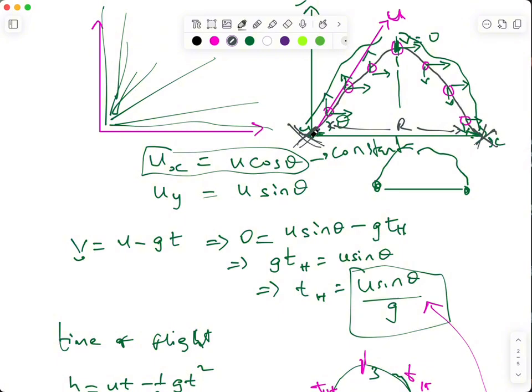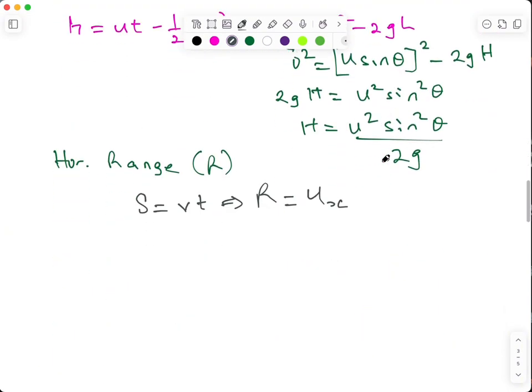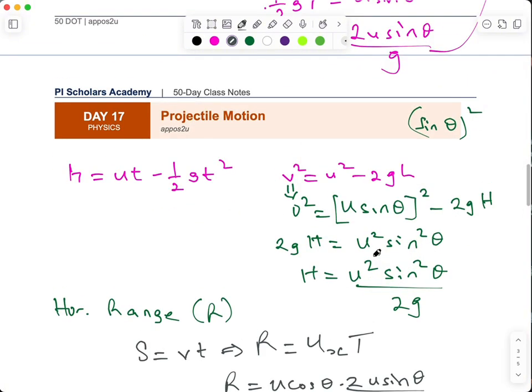Since I'm covering distance from this point to this point, the time taken is actually the time of flight. So R equals Ux multiplied by big T. Ux is U cosine theta. Time of flight we got earlier as 2U sine theta, everything divided by G.